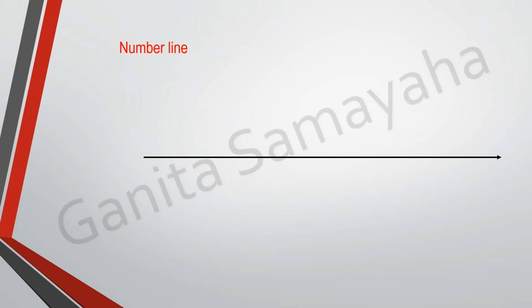So in a number line, you must have an arrow mark. Fine. After that, what do we do? We mark points at equal distance starting from the end. End point is a must for whole numbers. Okay. And what is the number with which whole numbers begin?